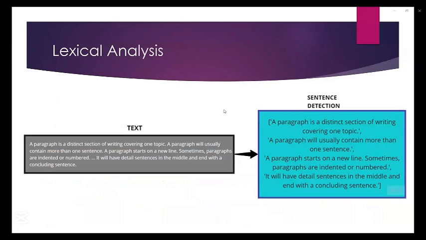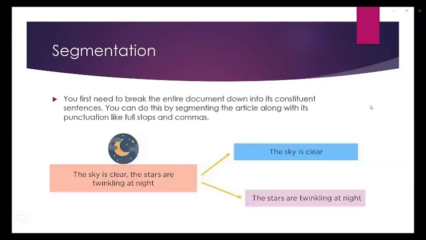Then when it comes to a paragraph, instead of dividing word by word, we can divide the paragraph into smaller sentences, right? Also, another subtask under pre-processing is segmentation, where we divide the sentence into meaningful parts, right?